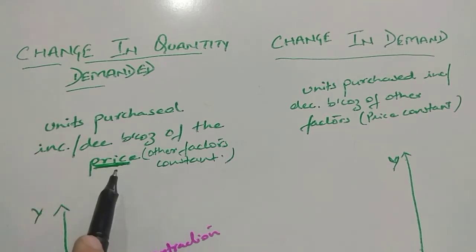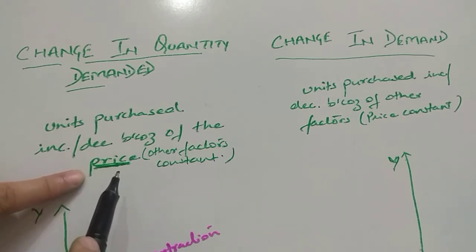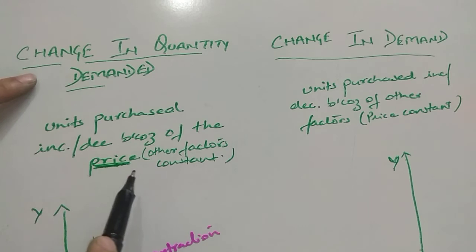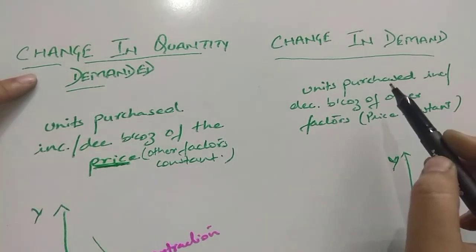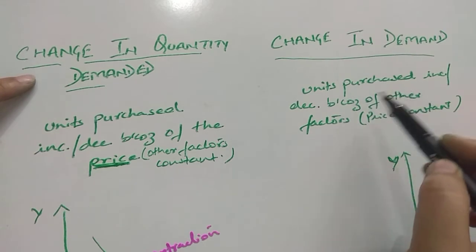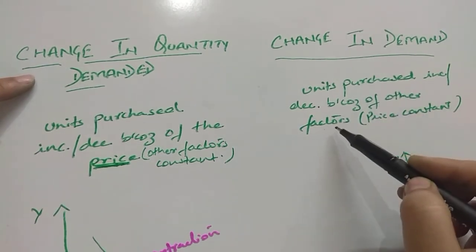That means income, the price of related goods, all these factors will be constant. The units purchased will increase or decrease only because of the change in the price. That is called change in quantity demanded. And in case of change in demand, the units purchased increase or decrease because of the change in other factors.